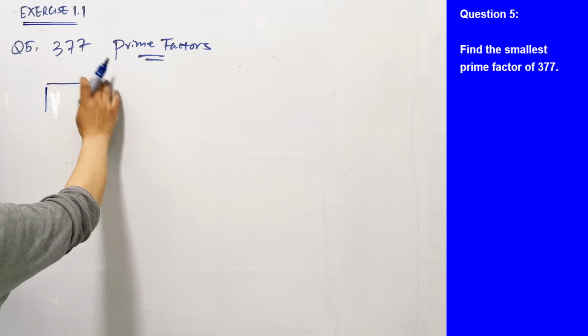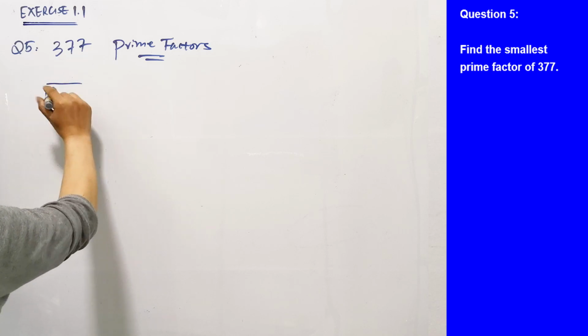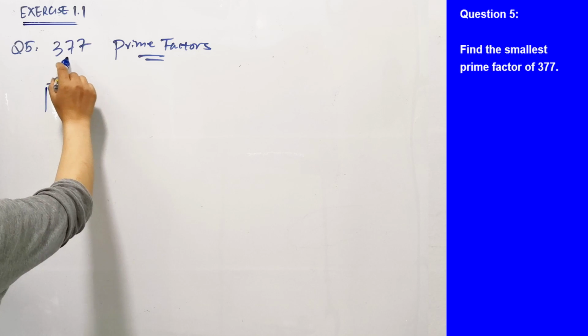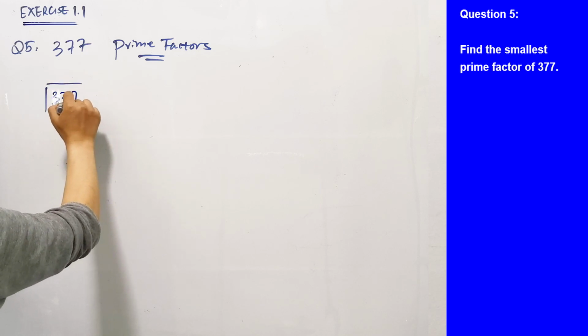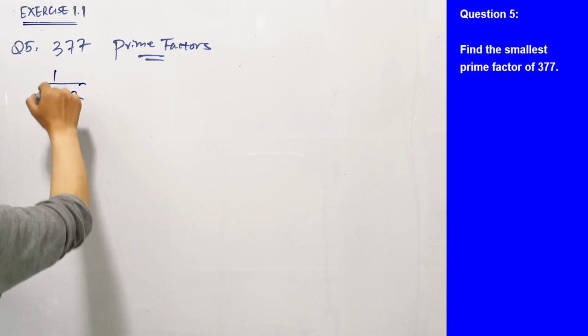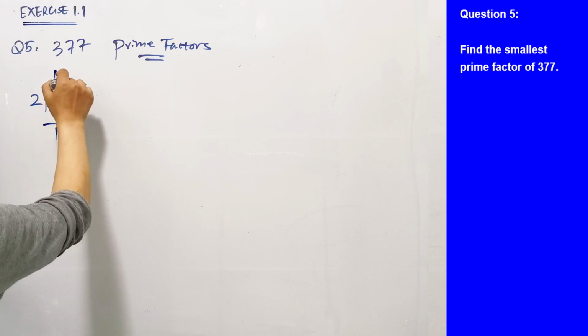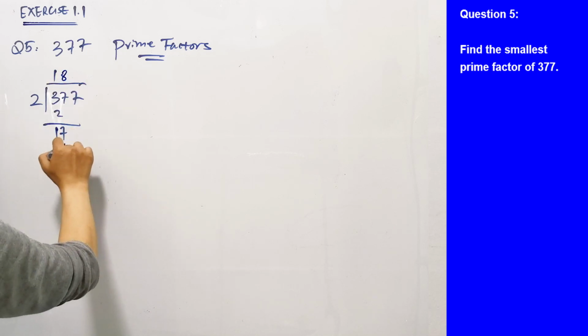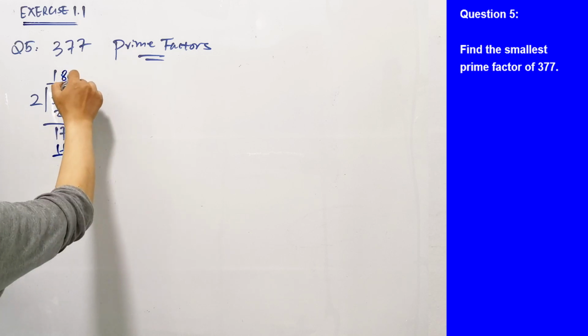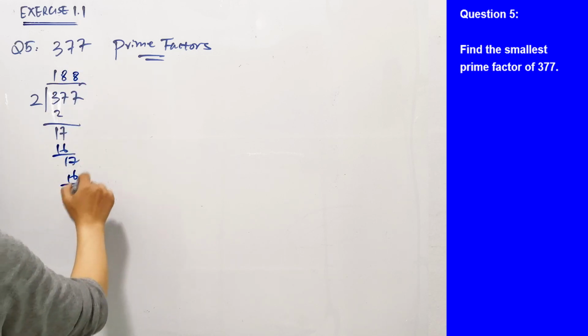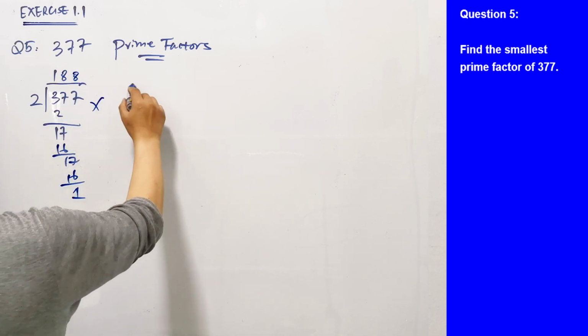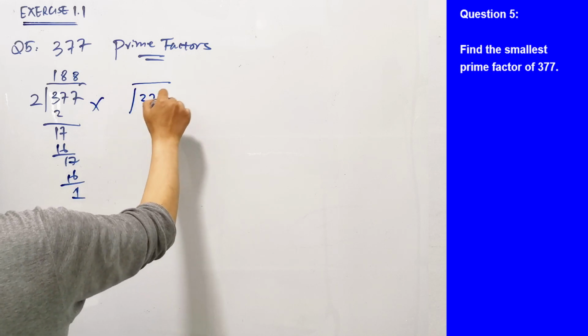So first thing, let's try 377. Can we try 2 first? So we get 2, 17. No, we can't use 2. Then how about 377?